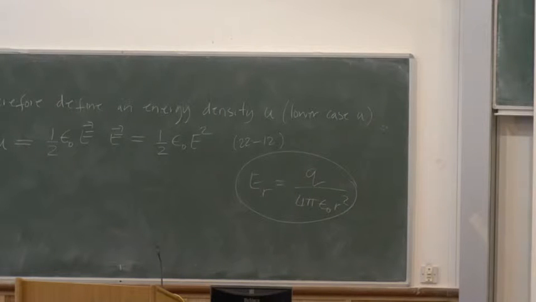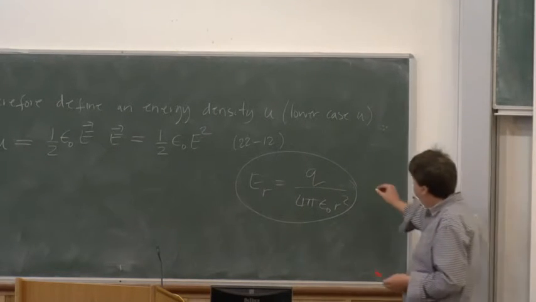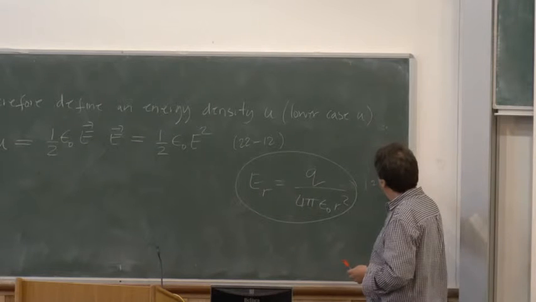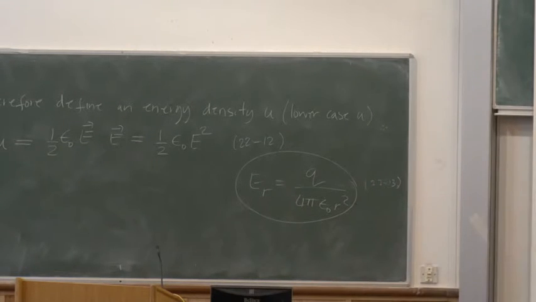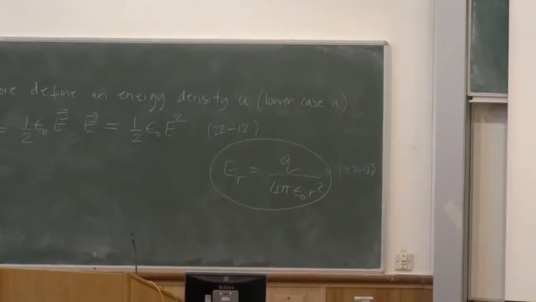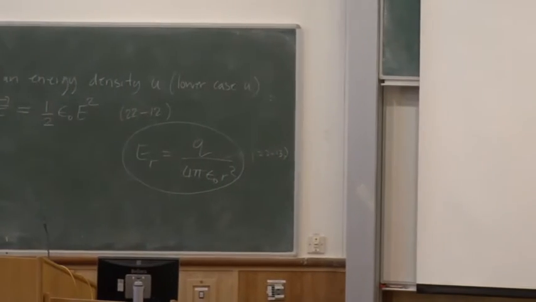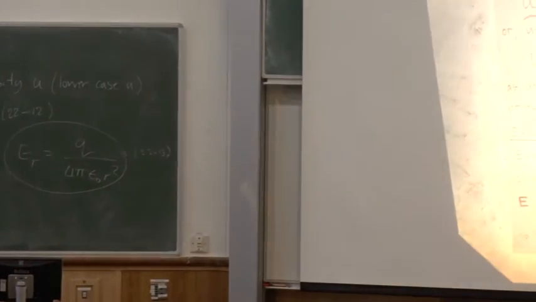I've just popped this in for the sake of completion as equation 2213 in the notes, to see where that leads us. We know now that a single point charge Q has this amount of electrostatic energy.